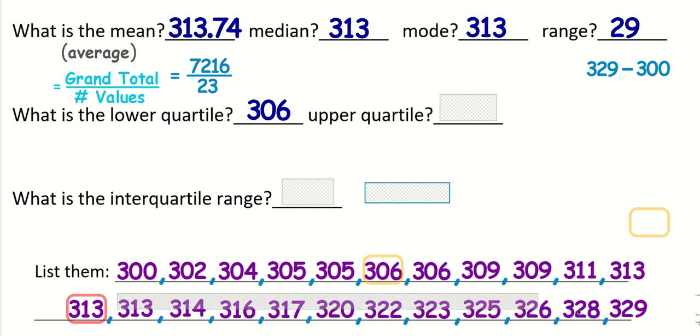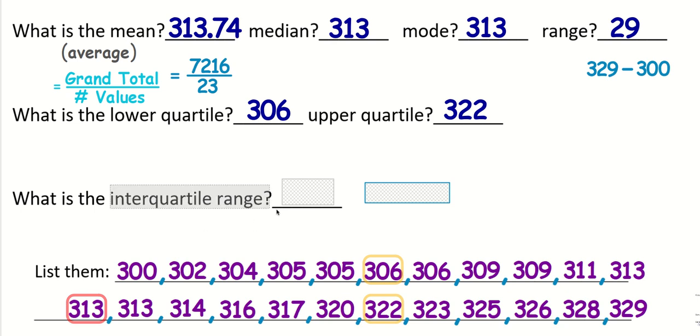So just these 11 numbers, we're finding the median of just this upper half of the data. So 1, 2, 3, 4, 5. And then that number would be in the middle of just these 11 numbers. So 322.